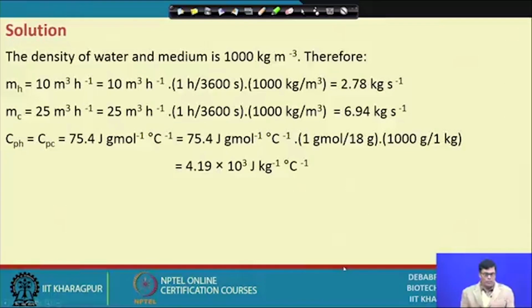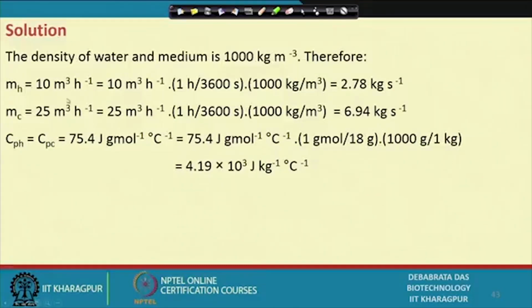First, as I told you, we shall have to convert the units to our desired units. For example, the hot liquid flow rate, 10 cubic meter per hour, we have to convert into seconds, which gives 2.78 kg per second. We can easily do that because we know the density of water is 1000 kg per cubic meter.